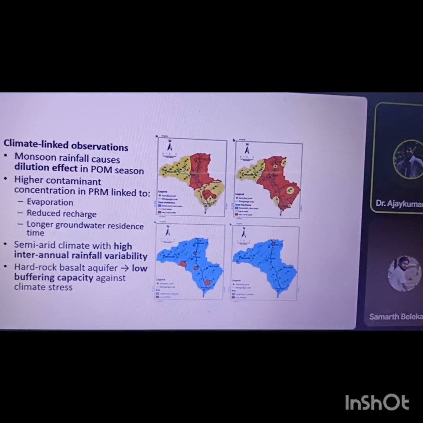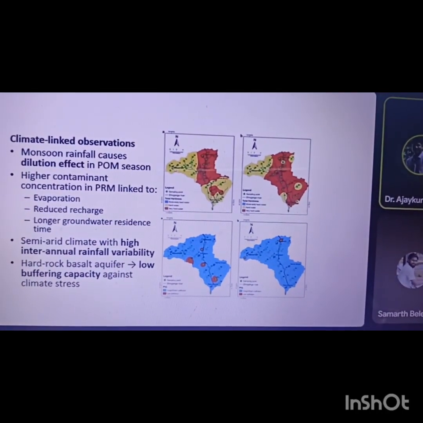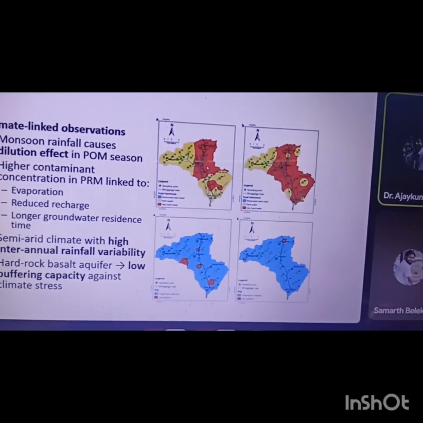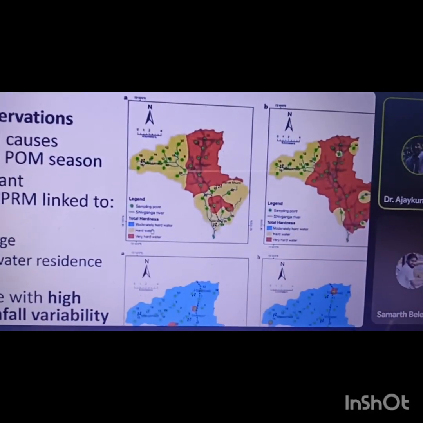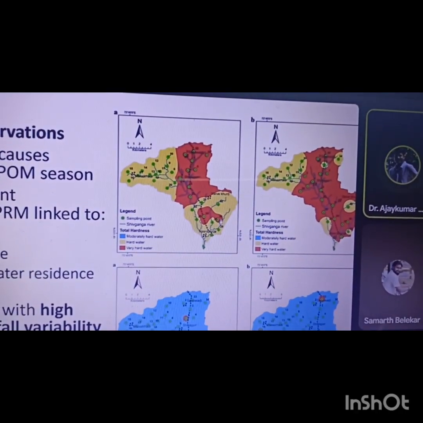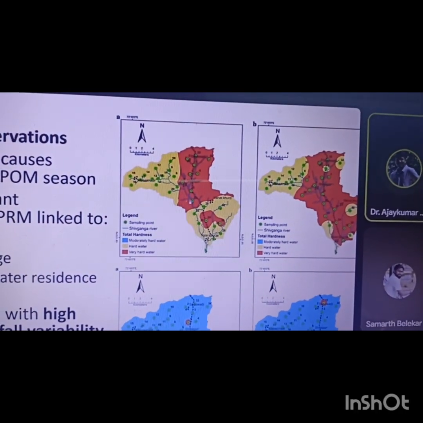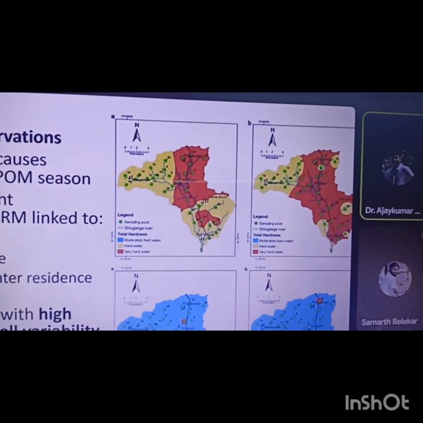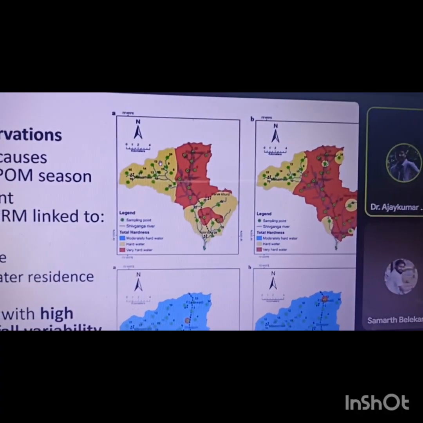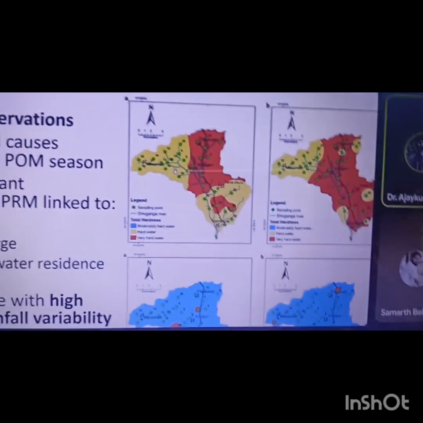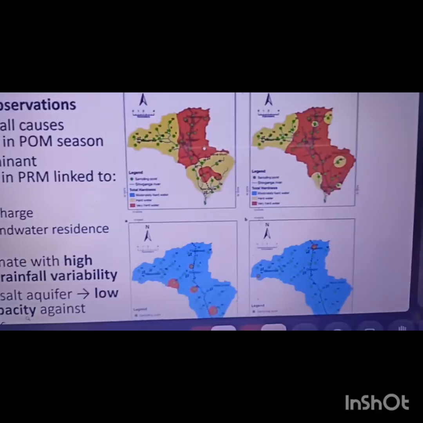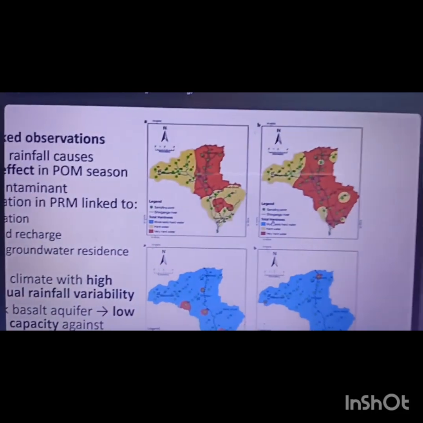You can identify climate-based observations: these red areas indicate more total hardness, meaning very hard water is present in that area, but moderately hard water you can't see anywhere. All this mapping is easily done by interpolation in the GIS background.